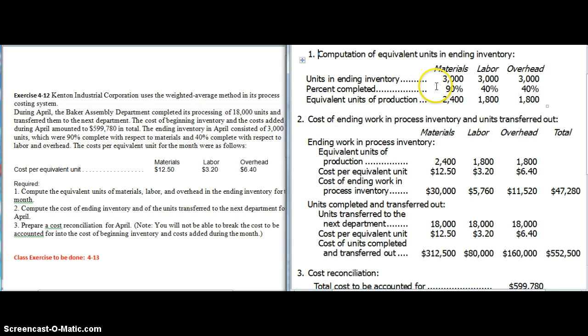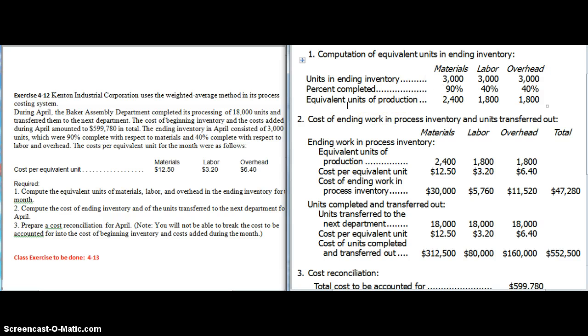So you write down 3,000 units each under material, labor, and overhead, followed by the percent complete. It's given in the question that it is 90% complete with respect to material and 40% with respect to labor and overhead. So you write 90% under materials and 40% under labor and overhead.